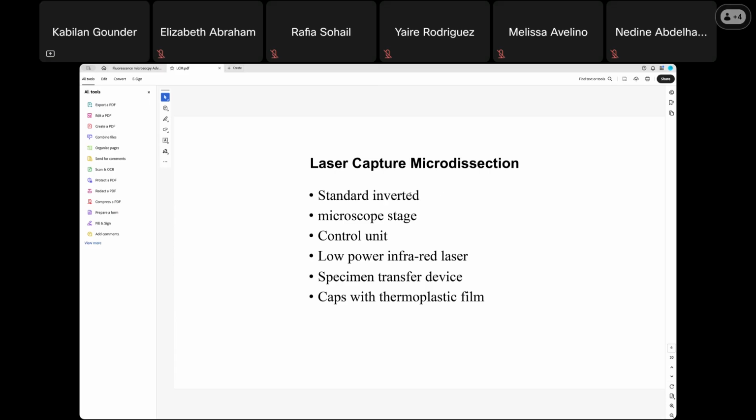That is a standard inverted microscope and the stage. Then the extra is a control unit, and it adds a low power infrared laser. Then the specimen transfer device and caps with the thermoplastic film. These are the components attached to the fluorescence microscopy or light microscopy. We can call it laser capture microdissection.